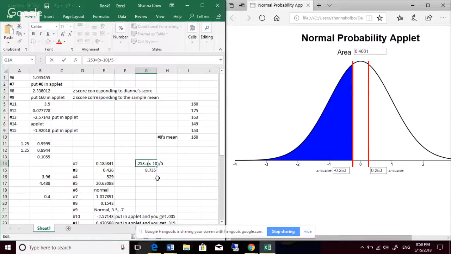It should be 8.7. What is the answer supposed to be? Because I don't think I got it right still. It's supposed to be 8.7.